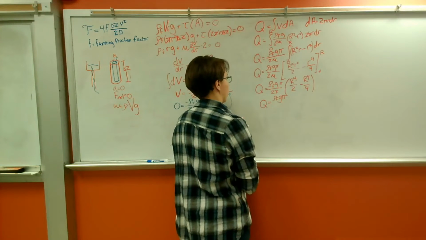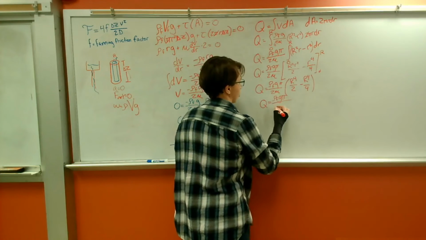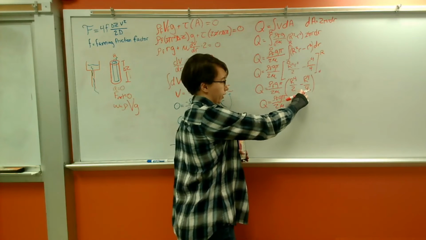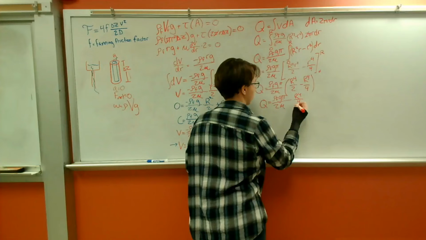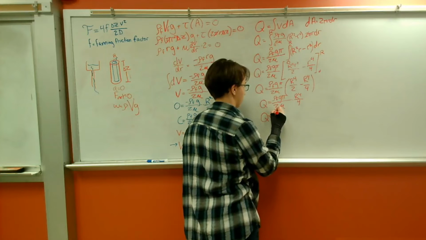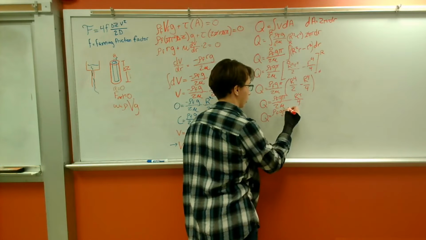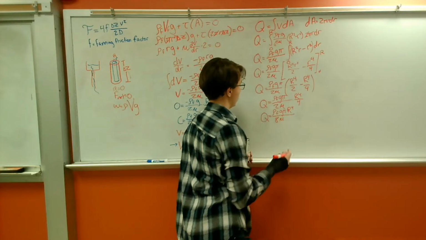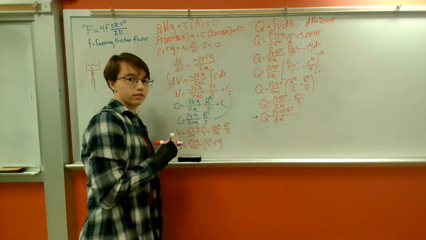I do not know why I wrote pi there, that's a mu, over 2 times the viscosity, and then this is essentially a half minus a 4th, which is a 4th, times R to the 4th, and then we can combine those two, and we've got that Q is equal to the density of the fluid times acceleration due to gravity times pi times R to the 4th over 8 mu. Okay, so then that is the equation for our flow rate.